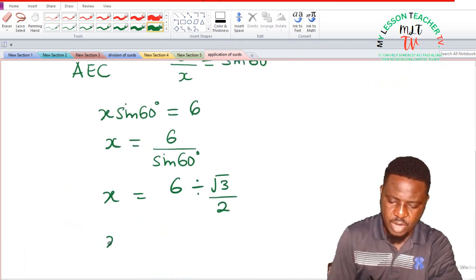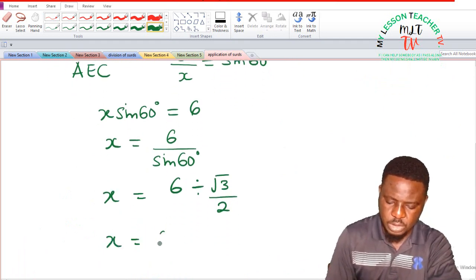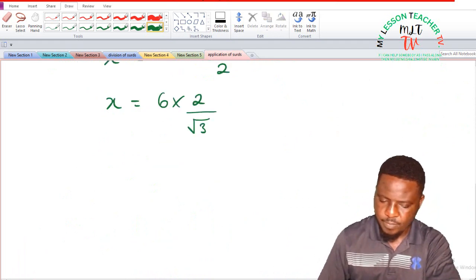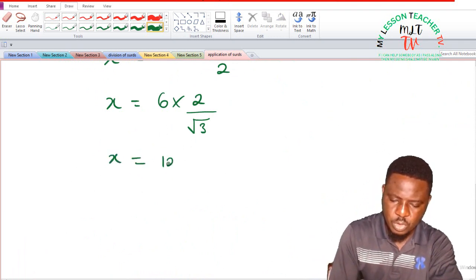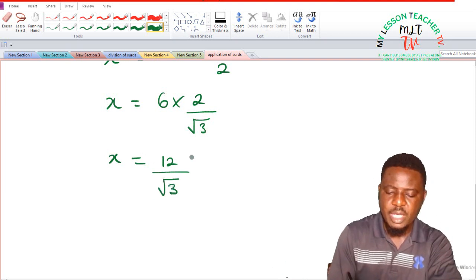And when you simplify further, you have X equal to 6 times 2 divided by root 3. And when you simplify this, you have X equal to 12 divided by root 3.